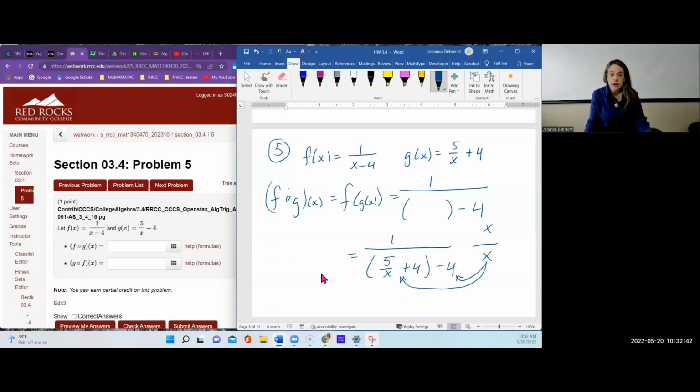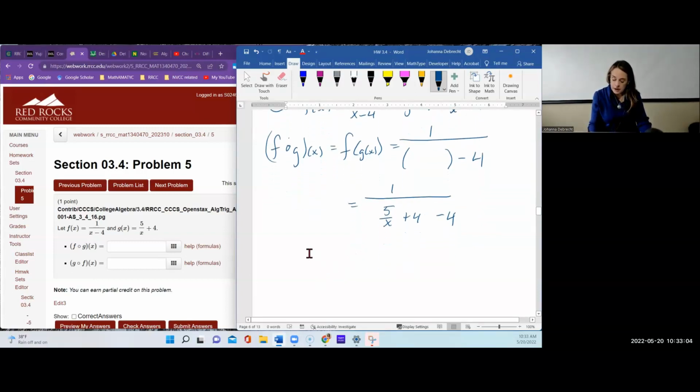That would be over the function 5x plus 4 and the minus 4. I can also drop these parentheses now, and that means that I would be distributing over each term. However, before I distribute, I think what I should do is clean it up. Because I have a 4 minus 4, that's going to give me a 0.